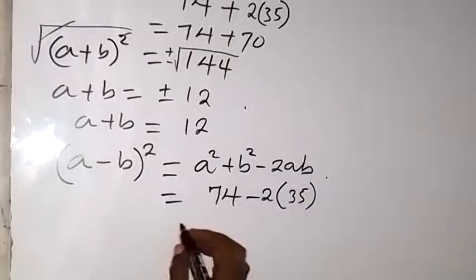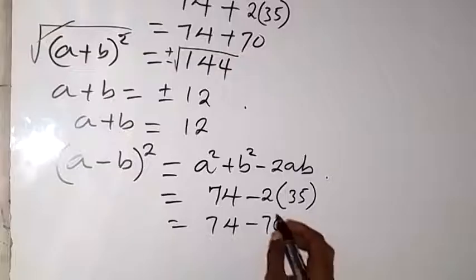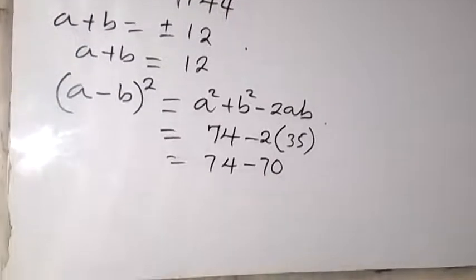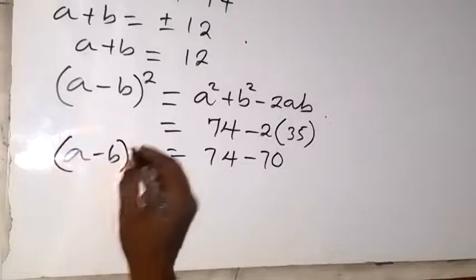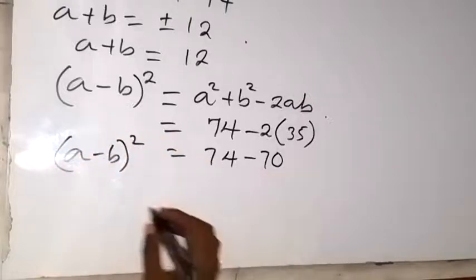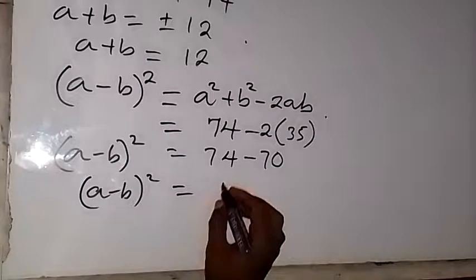So we have 74 minus 70 now. Then that means our (a - b) squared equals 74 minus 70, which is (a - b) all squared equals 4.